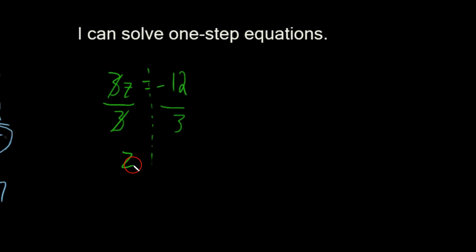Let's just write z equals, let's bring that equals sign down, negative 12 divided by 3. Well, that is going to be negative 4. And there we go. There is our answer. z equals negative 4. Again, we could substitute that in just to verify our answer. 3 times negative 4 does equal negative 12. So there we go. We've got a good answer.